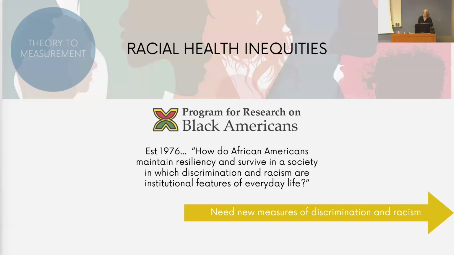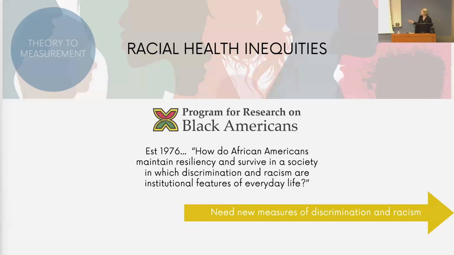And while past research on stress and resiliency in the field of psychology and elsewhere was driven by theories and exposures important to majority populations, PRBA scholars were focused on the experiences of African Americans in particular and recognized the limitations of measurements of stress and coping that were available.